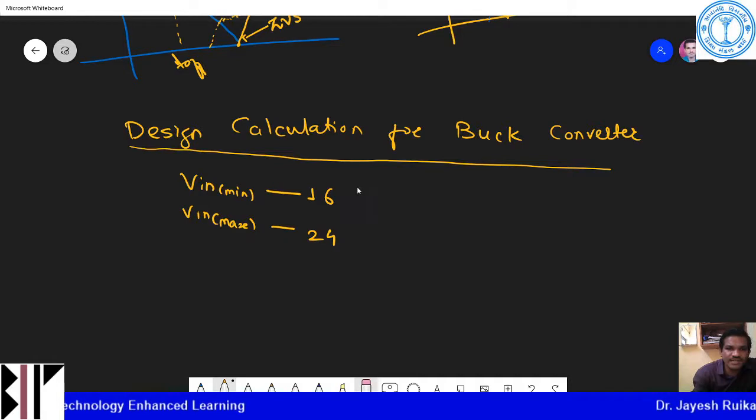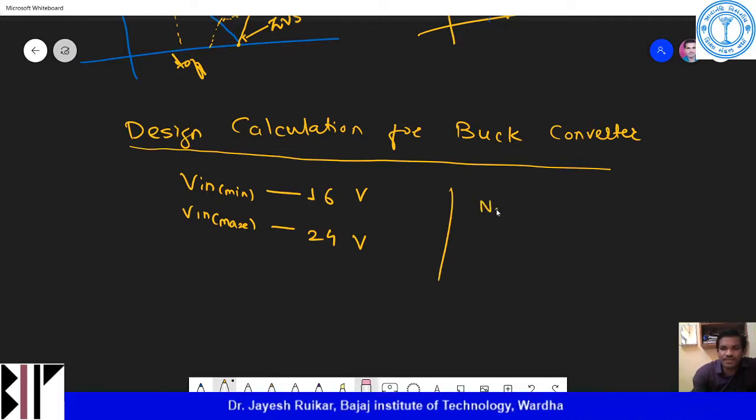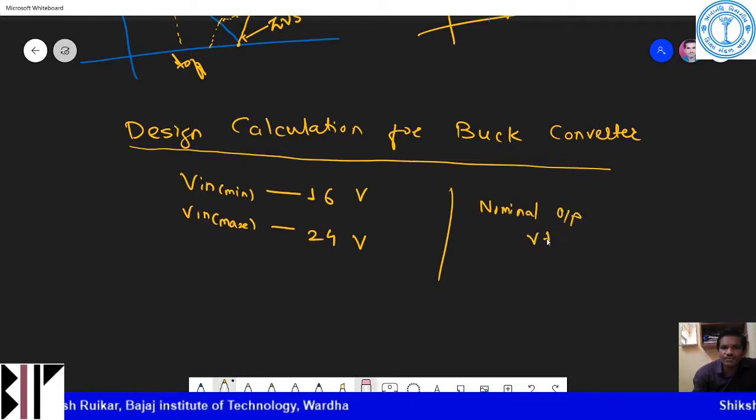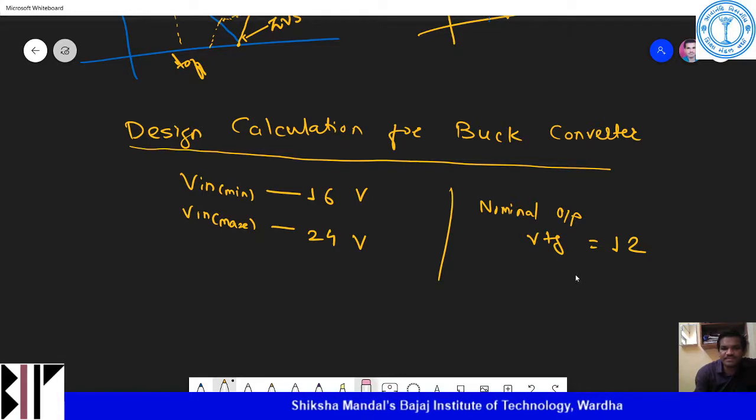Then the nominal output voltage is 12 volt. So I will get an input of 16 to 24 volt, but at the output I must get a 12 volt DC supply.